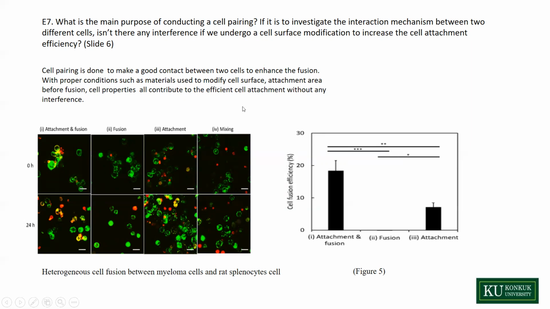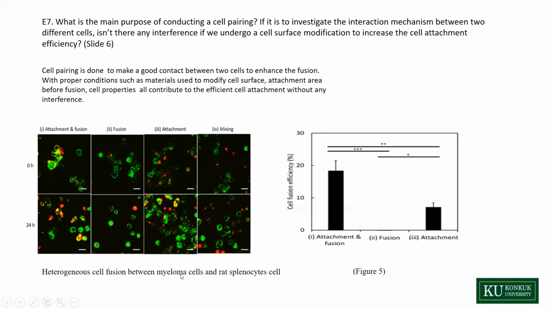Fusion is described here. In the first figure, at the top left, there is attachment and fusion. We can easily see that compared to sections 2, 3, and 4, which describe only fusion, attachment, and mixing, after cell surface modification, attachment and fusion means first the cell surface is modified with proper materials, like I described in my previous presentation.